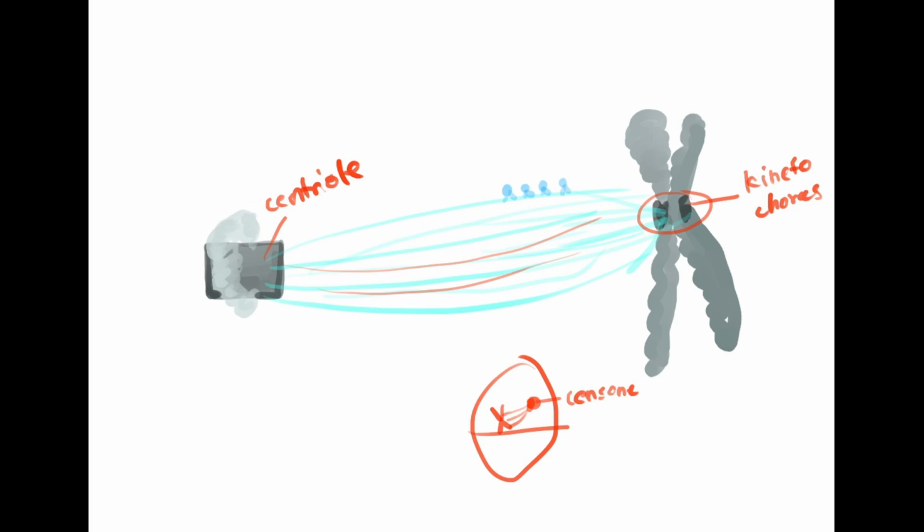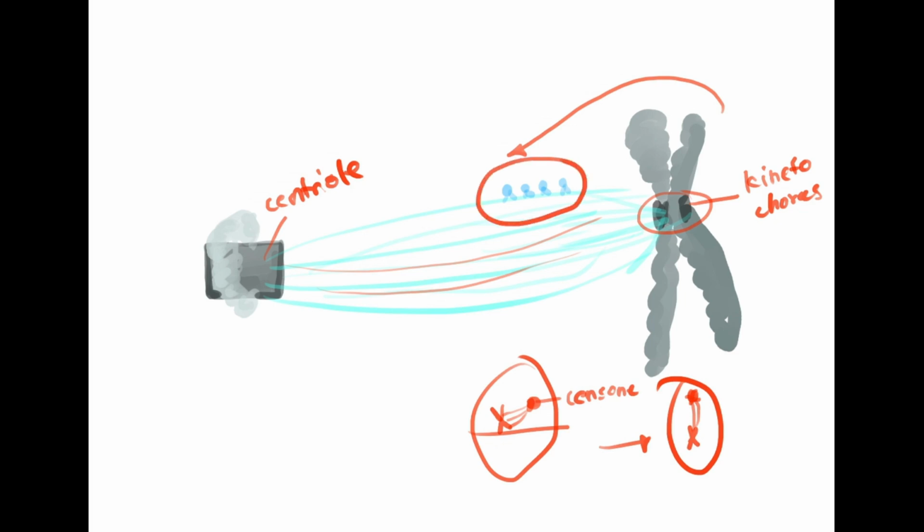The next step is to move the entire structure from the equator toward the poles, with a pulling of this entire structure towards the centrosome, which migrates first here and then pulls the entire structure towards the pole. This is mediated by motor proteins. These small structures travel along the microtubule and pull this entire structure towards the centriole. These motor proteins mostly consist of kinesins.